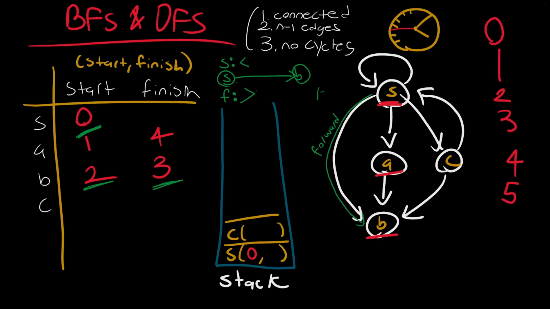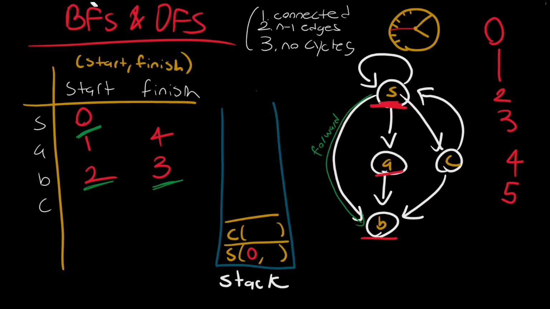So B here is going to have a smaller finish time, and S is going to have a larger finish time, and S starts earlier. So S right here starts earlier, and B here finishes earlier. That's how we know we got a forward edge.